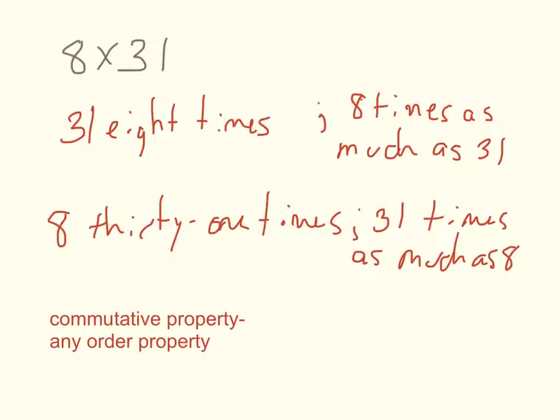So let's designate 8 as the unit. When we designate 8 as the unit, we're going to have 8 times 31. Let's go to change. So I have 8 times 31.